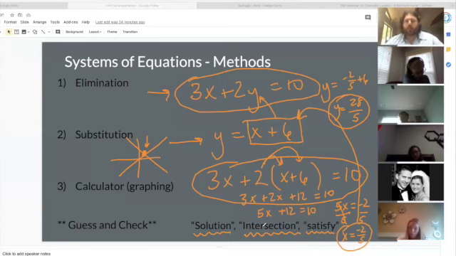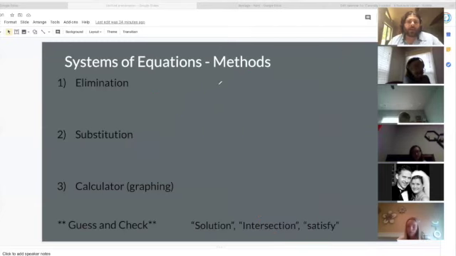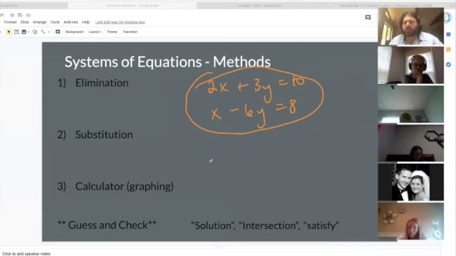Okay, so that's the substitution method. Now, in that last example, I don't even remember what it was, 2x plus 3y equals 10, and I don't know, x minus 6y equals 8. This is a good example of when you could do both. Like I could do either one here. I could make my y's the same, right? I could double the first equation and it would make a 6y, which would add to this -6y to eliminate.